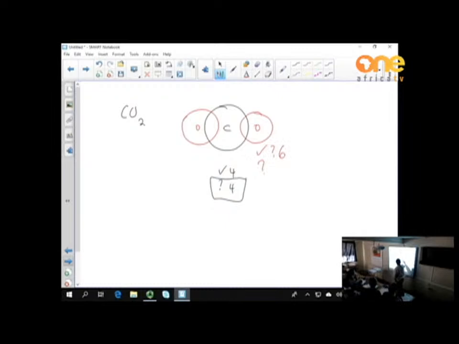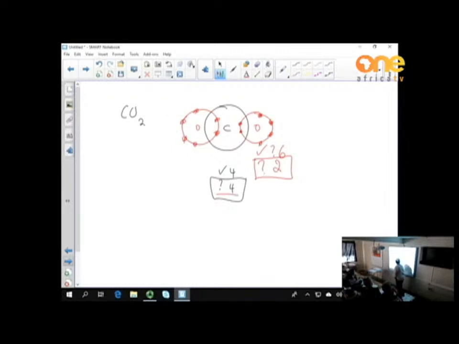Oxygen has got how many outer shell electrons? 6. It's looking for 2. So it must share 2. So 1, 2. But it's got how many electrons? 6 altogether. So 1, 2, 3, 4, 5, 6. That oxygen does the same. All right. What does the carbon do? Well, it must share 4, and it's going to share them equally.